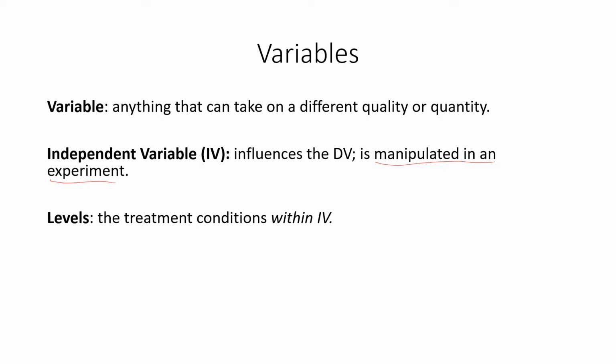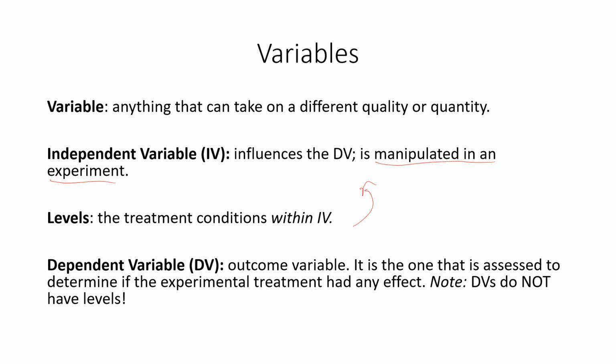Levels are the levels of treatment, or the treatment conditions, or the different groups within the independent variable. In our drug example, the different levels are placebo, aspirin, new drug. So it's got 3 levels. My experiment, male confederate, female confederate, no confederate, had 3 levels as well.